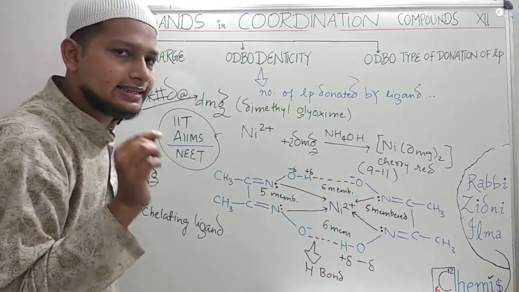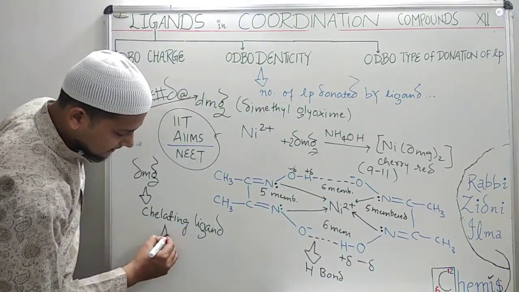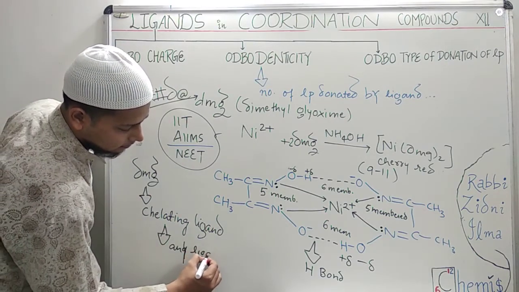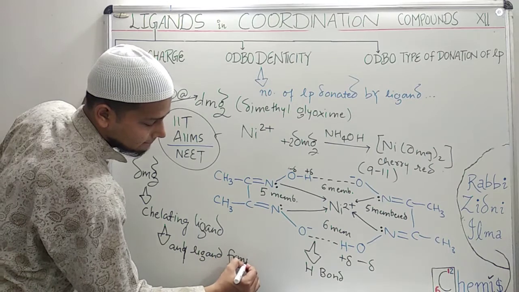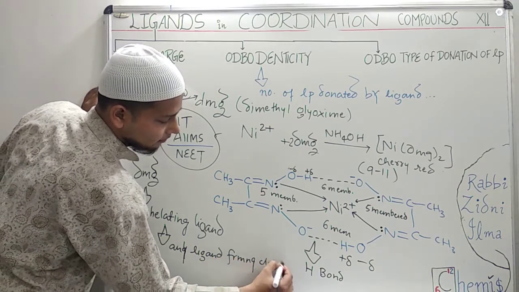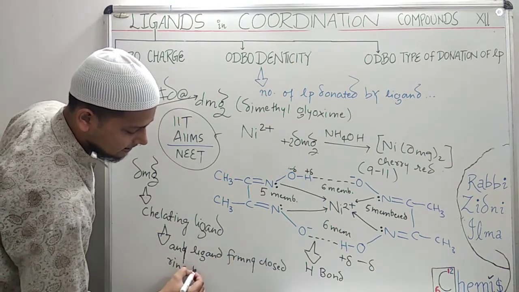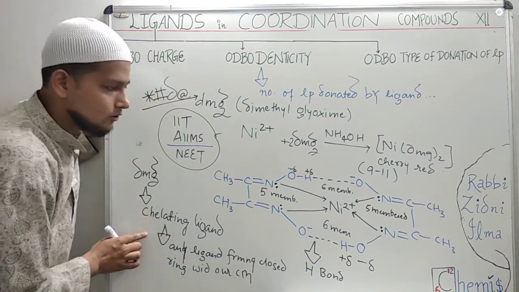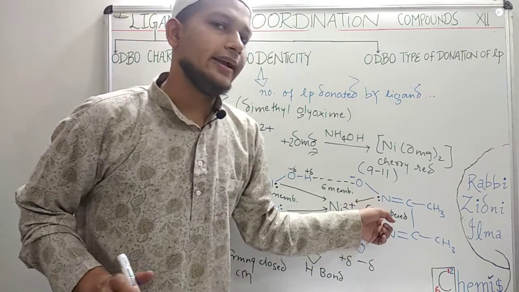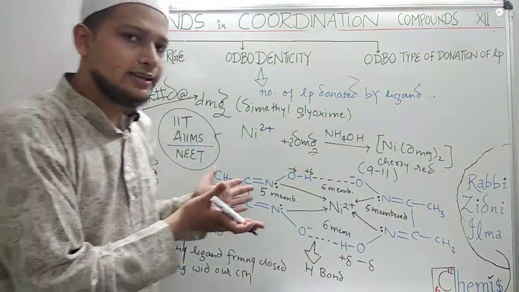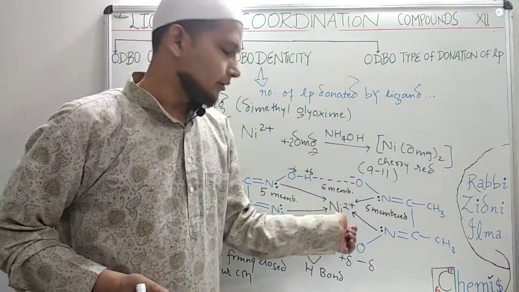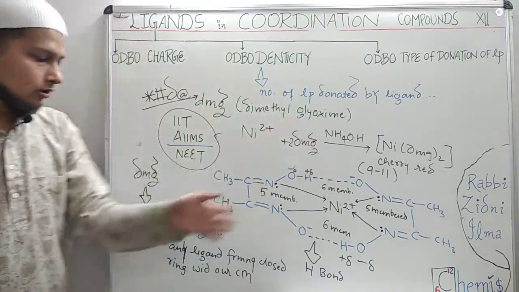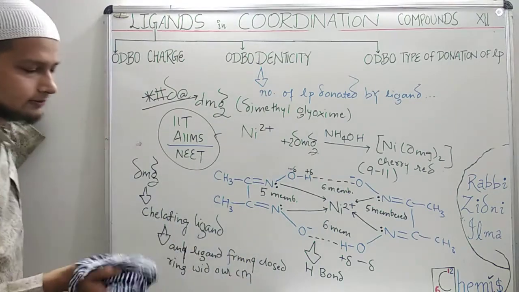So any ligand forming a closed ring with our central metal is what? A chelating ligand. So DMG is also a chelating ligand. It forms stable, closed rings with the central metal. So it is all about DMG. Take a good screenshot of this and we will move forward.